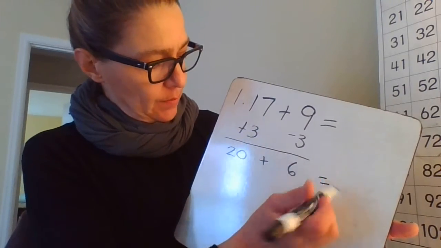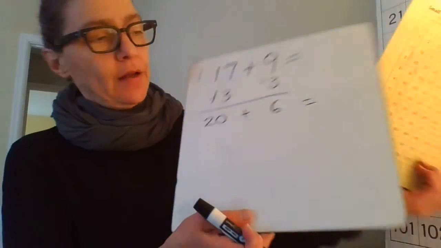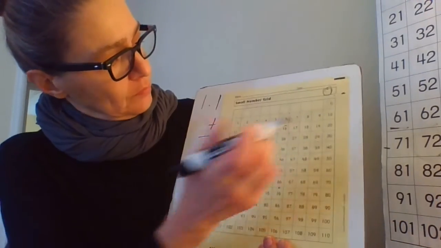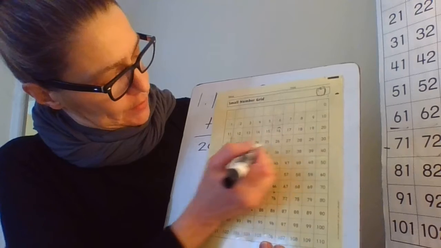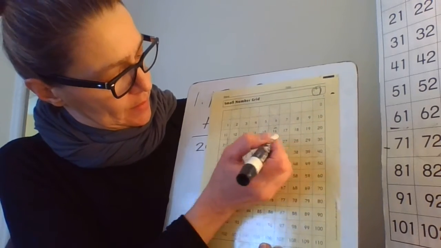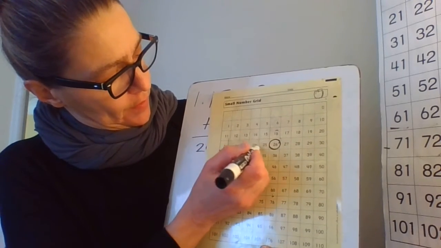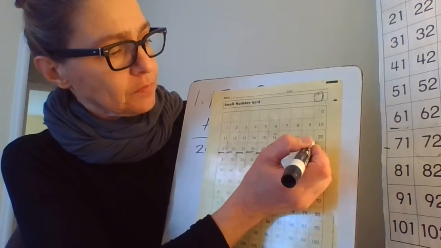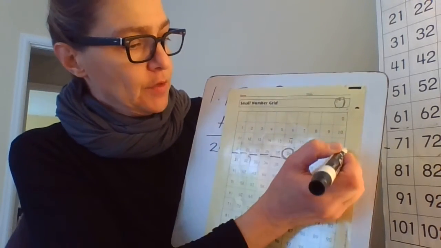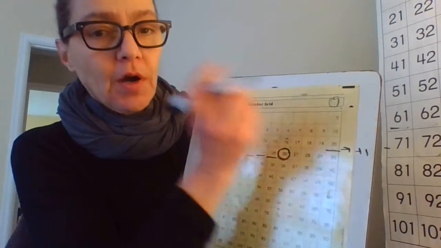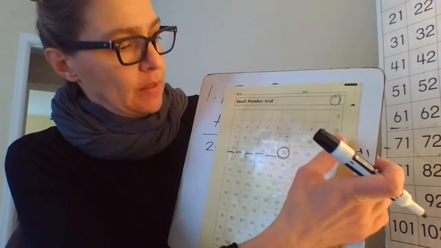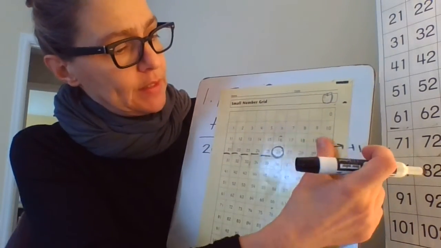Because 20 plus 6, if we look at our hundreds chart, is going to be 26. 1, 2, 3, 4, 5, 6. So you start at 20 and you go across, and when you go across you add 1 and you return sweep and you get to 26.